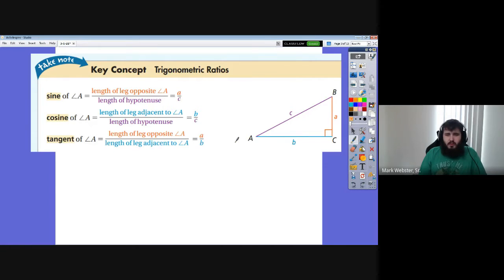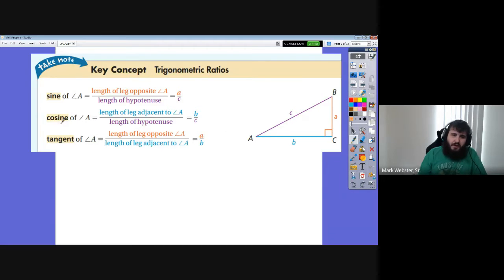So when we want to find either the sine or the cosine or the tangent of a certain angle, we choose a specific two sides to base it off of. For the sine, we base it off of the ratio of the opposite leg to the hypotenuse side.